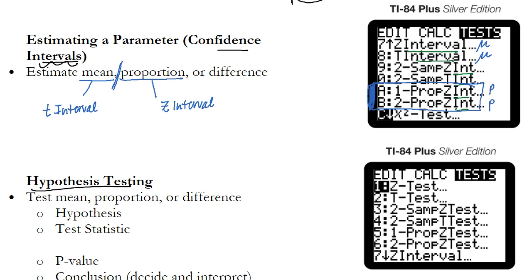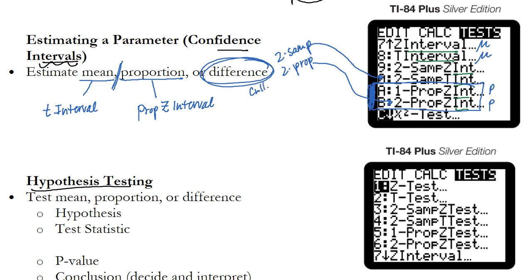They say proportion in them, so make sure you get the proportion one. Or if we're estimating the difference, that means there are two samples or two proportions. The same thing applies. Two proportions z for proportions, two samples for means would be two samples t. Now this stuff was in chapter 11, but the concepts are the same as we did there, so I just put all the confidence intervals together.